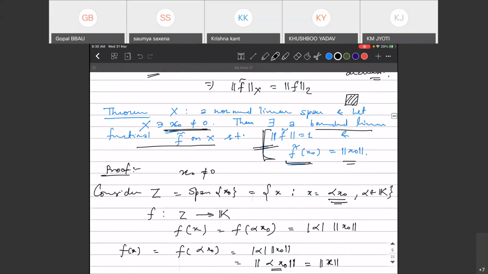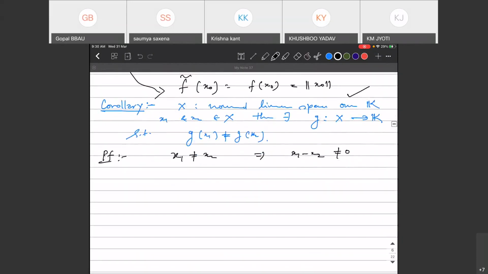So this means for this non-zero vector, there exists a g from X to K such that two things happen. Now the norm of g is 1, and g at this point is norm of x1 minus x2. Correct? Is it okay? Yes, sir.